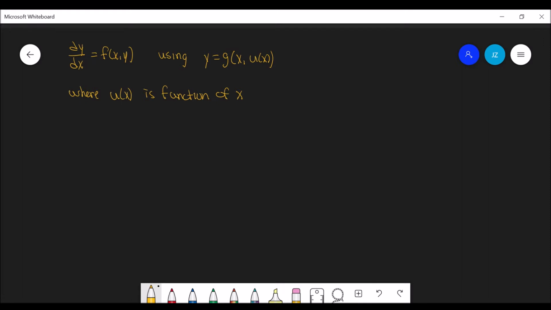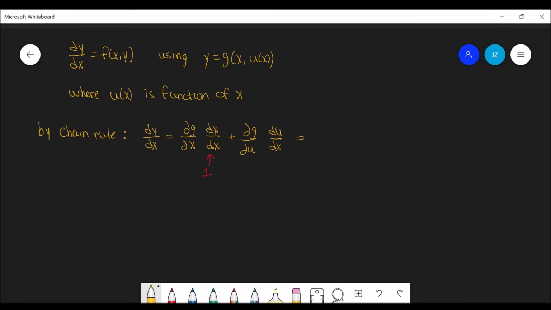Now, if g possesses first partial derivatives, then by the chain rule we would have dy/dx equal to partial g partial x times dx/dx plus partial g partial u times du/dx. Now, dx/dx is just simply 1.